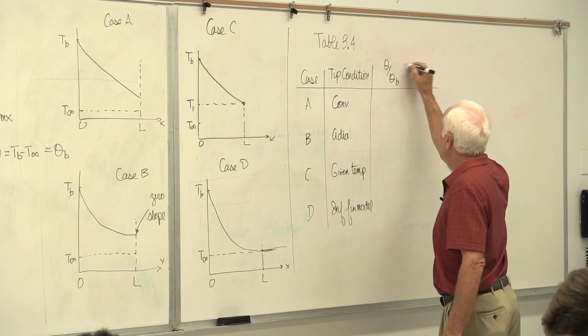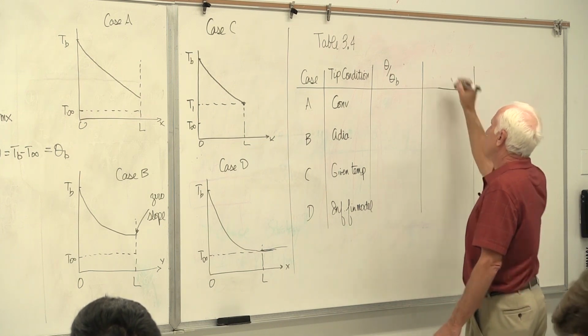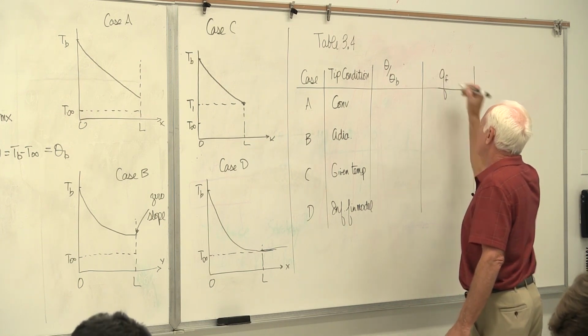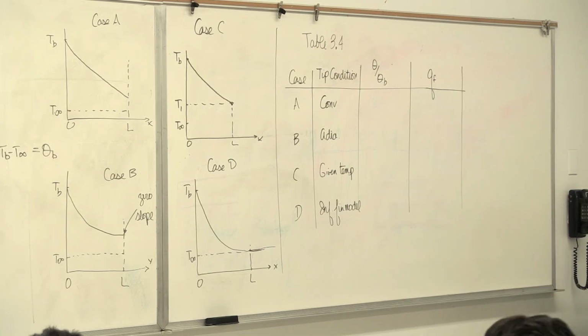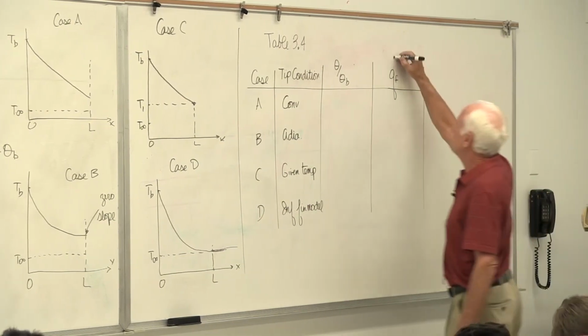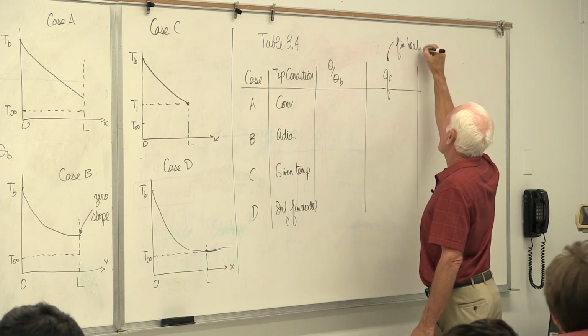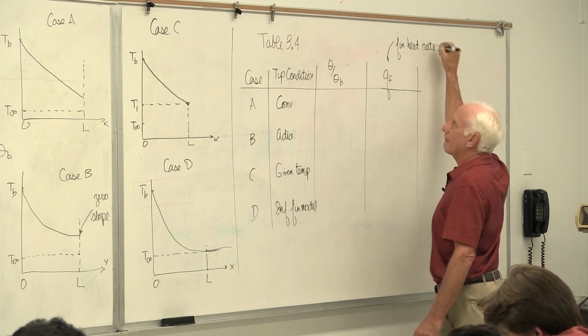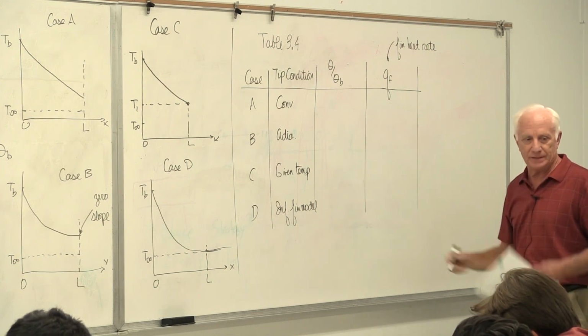This column gives us the temperature distribution. This column gives us the heat transfer to or from the fin, q_f, the fin heat rate. q_f is called the fin heat rate. And then there are equations given here for all of these.